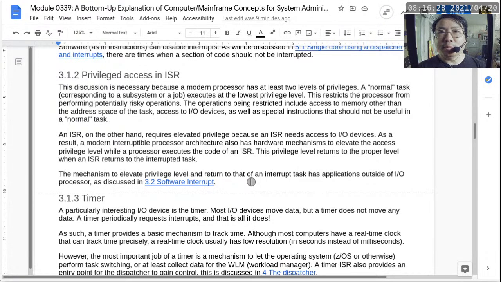Just so that the program doesn't crash itself in a really bad way. As a result, for most programs, most of the time, the processor is running code in a low privilege level, just to be sure that when something bad happens, it is going to be very contained.